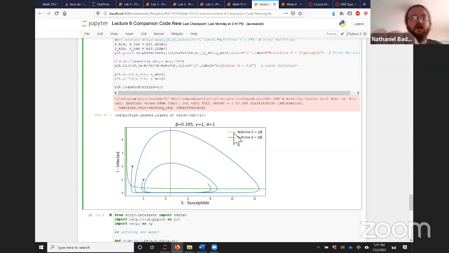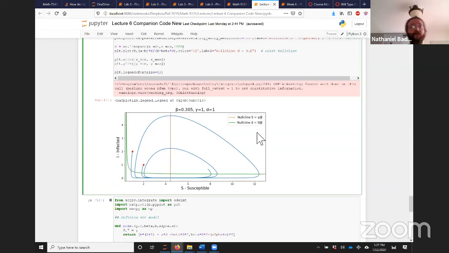So here's what we get for the values as estimated by Roberts. For the values as estimated by Roberts, we get this nice cyclic behavior.